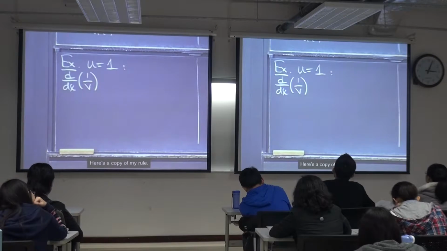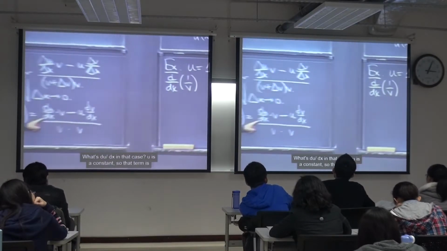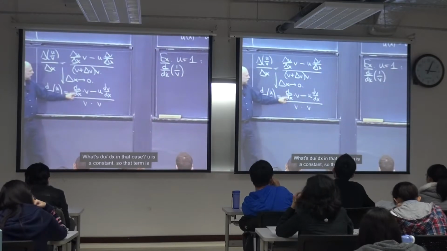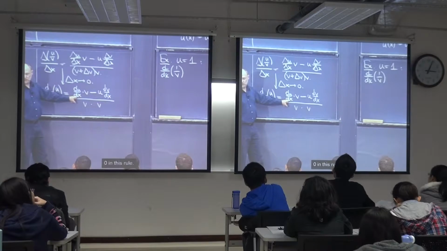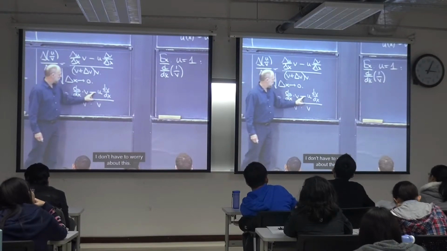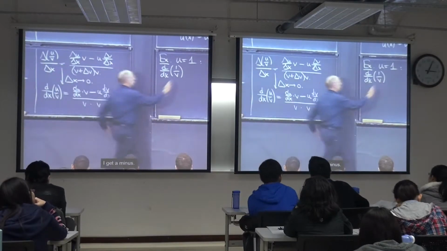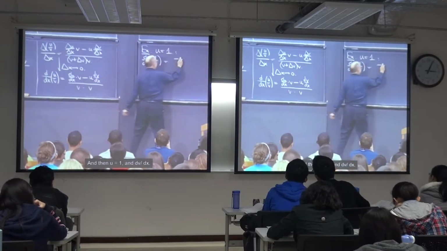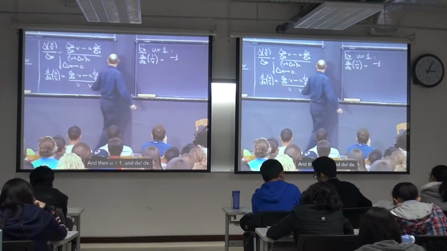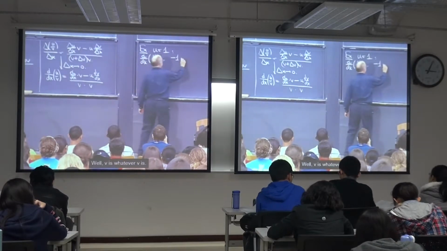Here's a copy of my rule. What's du dx in that case? u is a constant, so that term is 0 in this rule. I get a minus, and then u is 1, and dv dx. Well, v is whatever v is.